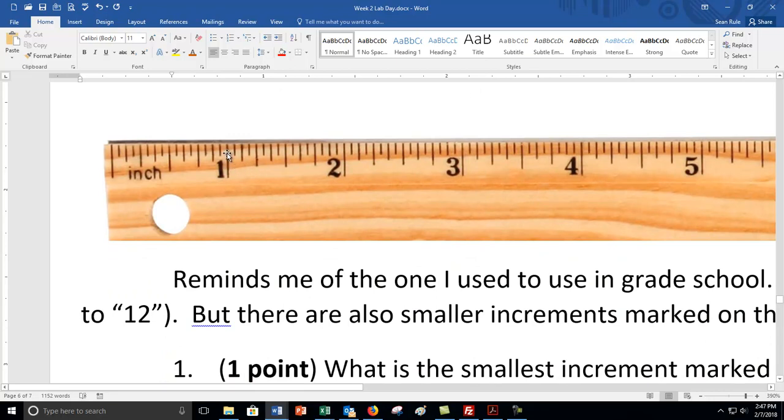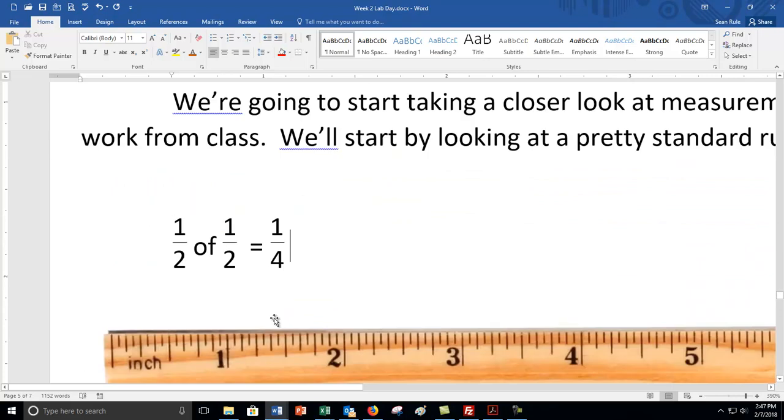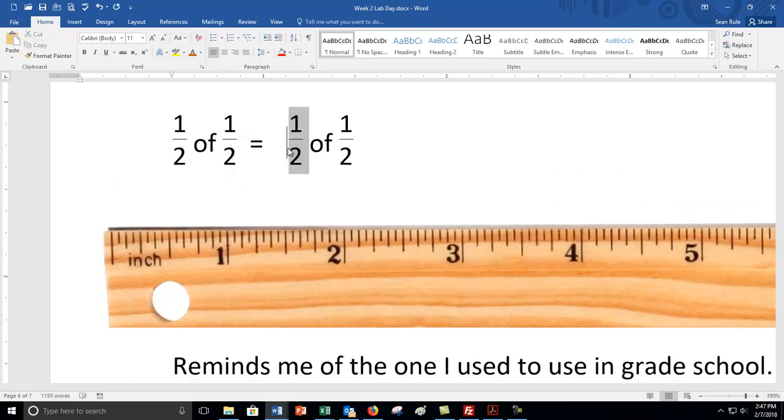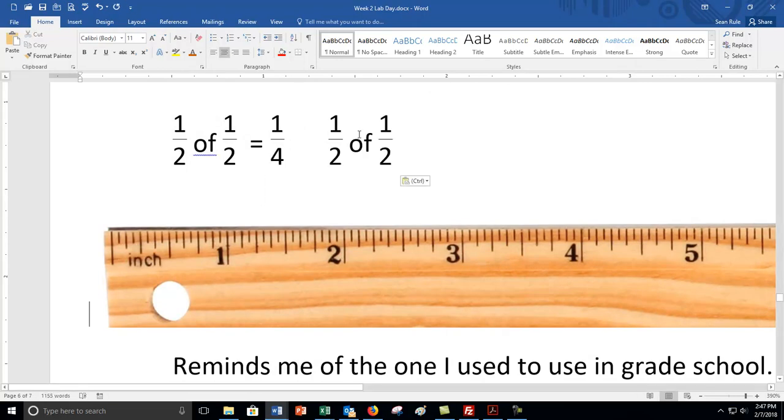Following this pattern, this distance would be half of that. So that would be half of a half of a half. And hopefully you're seeing where this is headed. That's going to be equal to 1/8.